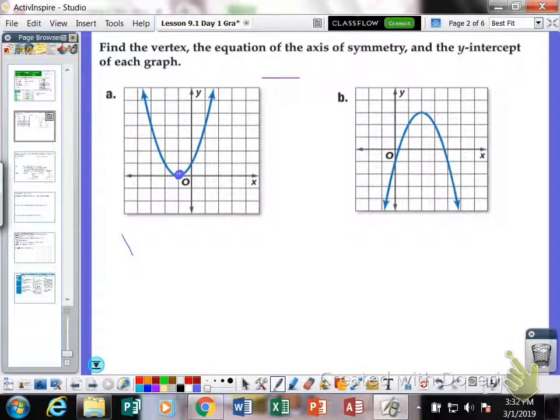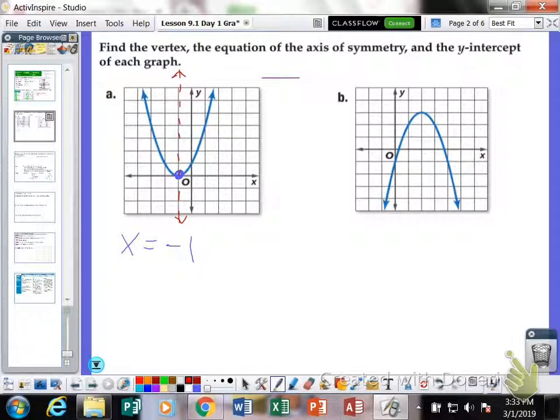So that's our axis of symmetry, and that is x equals negative 1. If we wanted to, we could draw an axis of symmetry, which would just be a dotted line through negative 1. The equation of the axis of symmetry is x equals negative 1.